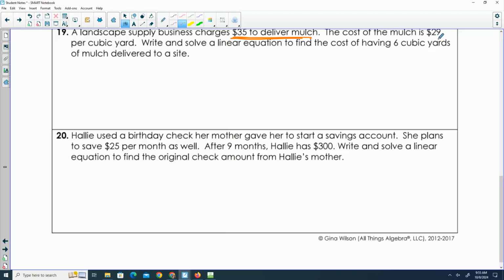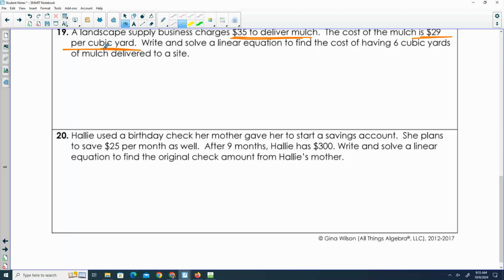The cost of the mulch is $29 per cubic yard. Okay, I only gave you two numbers. So to write an equation, we need either 2 points or a point and a slope. 2 points requires 4 numbers, right? If I'm giving you a point and a slope, that's got to be 3 numbers. Have I given you the option for either of those?